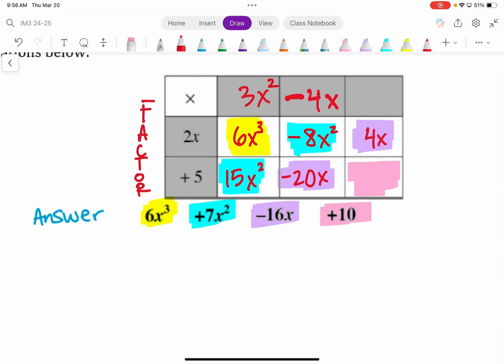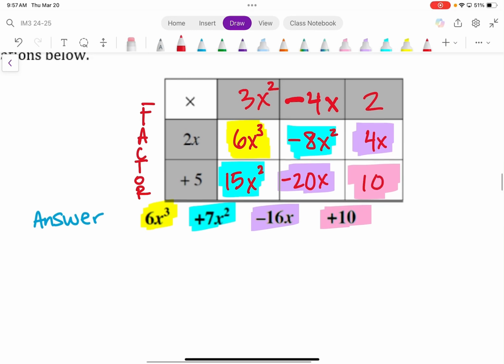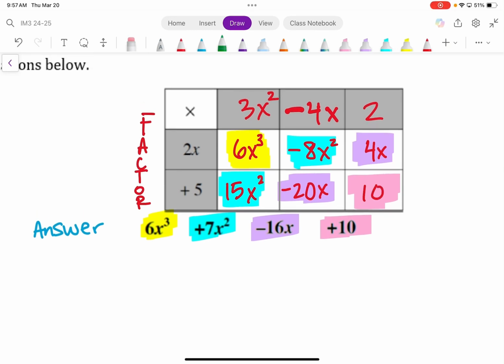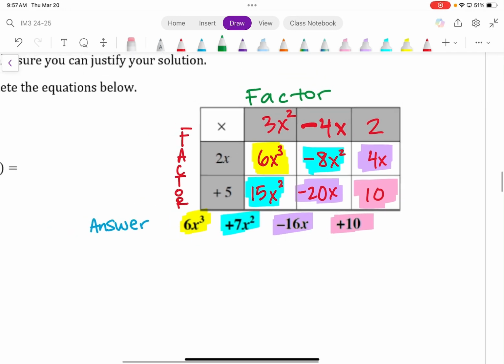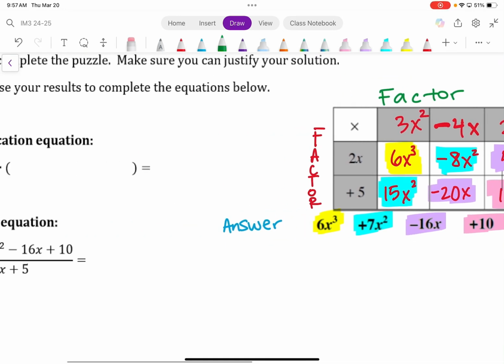How do I get 4x? 2x times what? 2. And that gives me 10. Okay. So we have found our second factor, which is 3x squared minus 4x plus 2. So we can write that down over here.